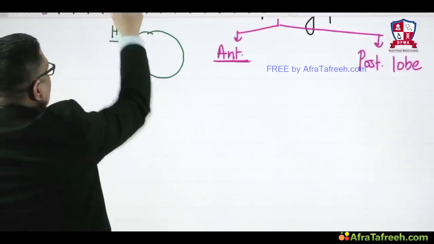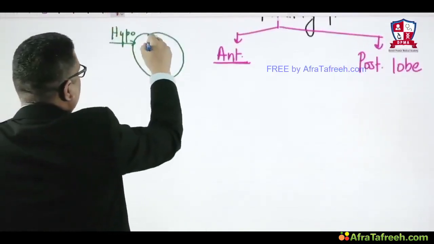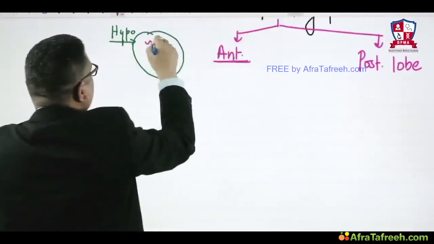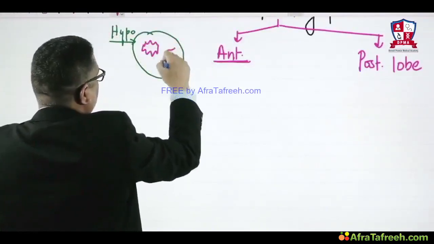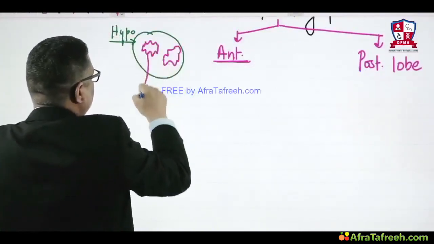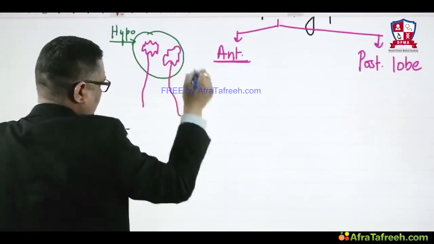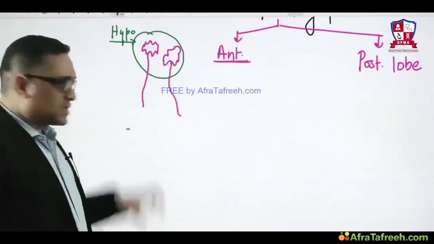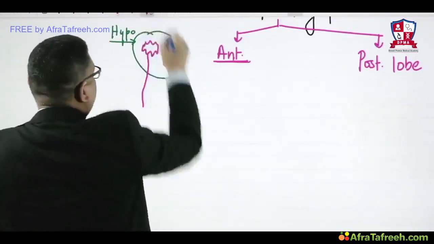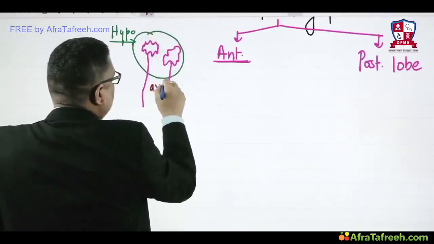As I said, the hypothalamus has neurons. So suppose these are the neurons and these are the nerve endings, right? Transport will be through the axons, so these are the axons.